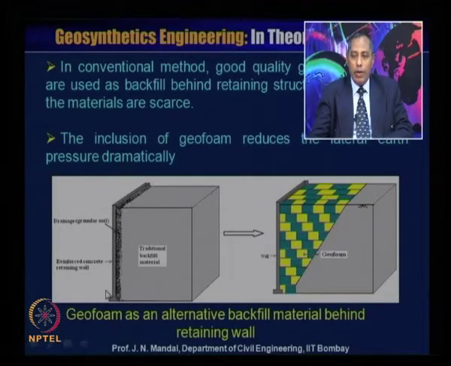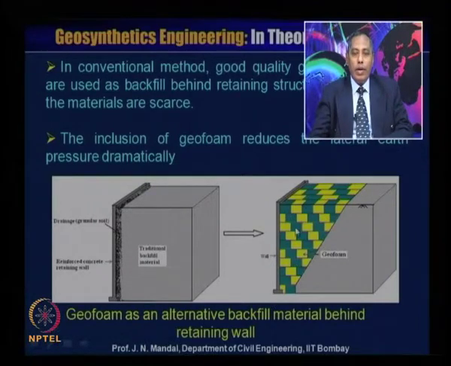It is a granular material you are using, and we provide the traditional backfill material. At the back of the retaining wall you have to provide good quality drainage material, and then all the traditional material. Alternative to this, you can simply use geofoam material like this.